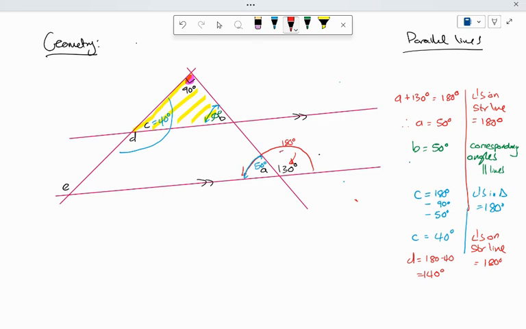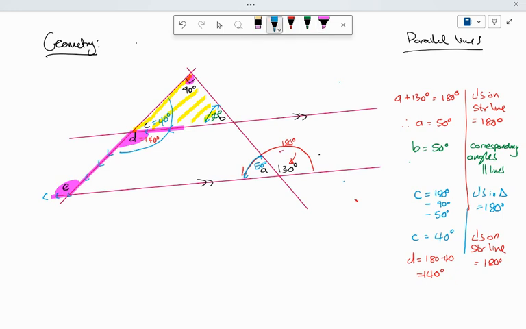D equals 140 degrees. To go from D to E, you can see we have an alternate angle scenario here. We're traveling on a road, and suddenly we need to take an alternate route. And so we create alternate angles. And from here, you can see that this angle here is going to equal that angle there.